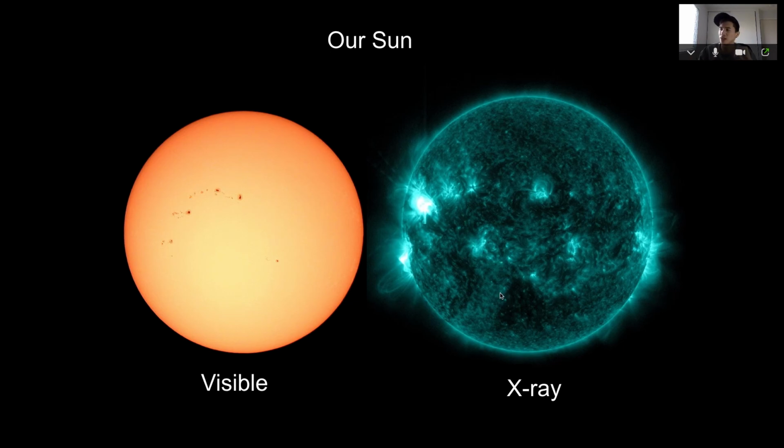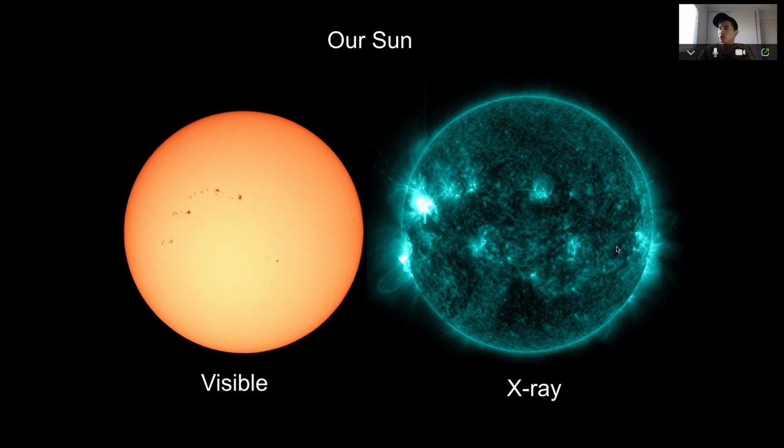However, if you look at the X-ray light, that's where it's really interesting, because now you're seeing basically the hottest regions of the sun, and you can see a lot of loops on its surface. All of those loops are happening because you can model the sun as some sort of gigantic magnet, and magnets form a lot of magnetic field loops.